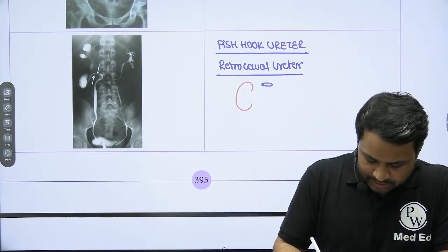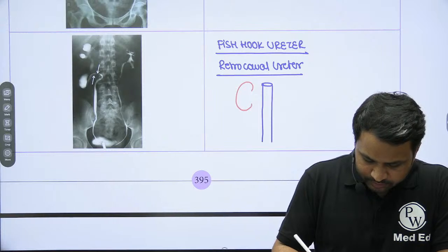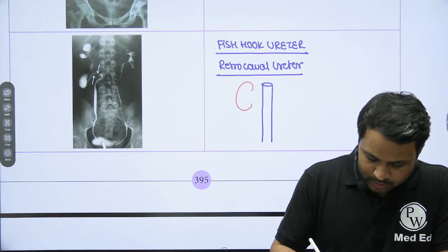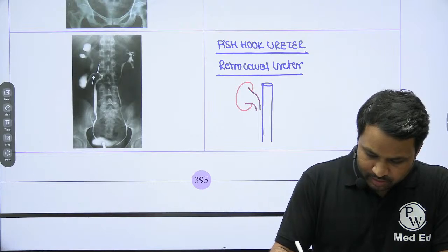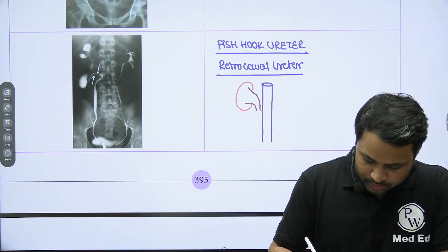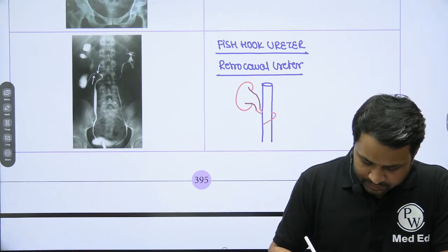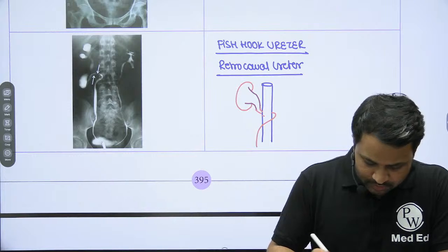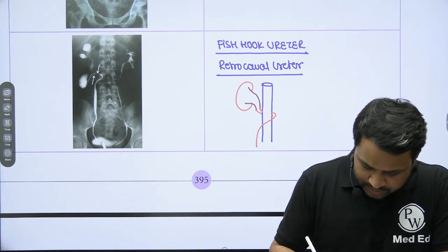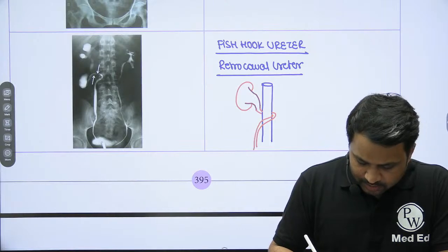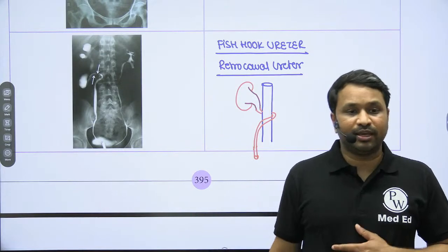You see the ureter that is going to arise from here. This is the pelvicalyceal system. Normally it should come down from here, but if the ureter goes behind the IVC and then it comes like this, this is what we call the retrocaval ureter.